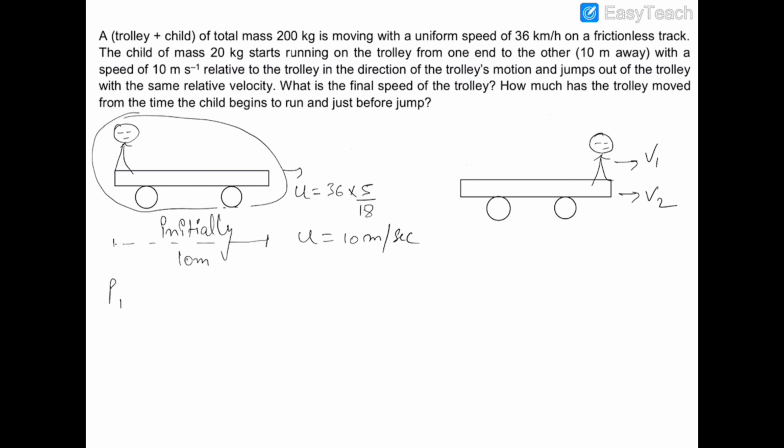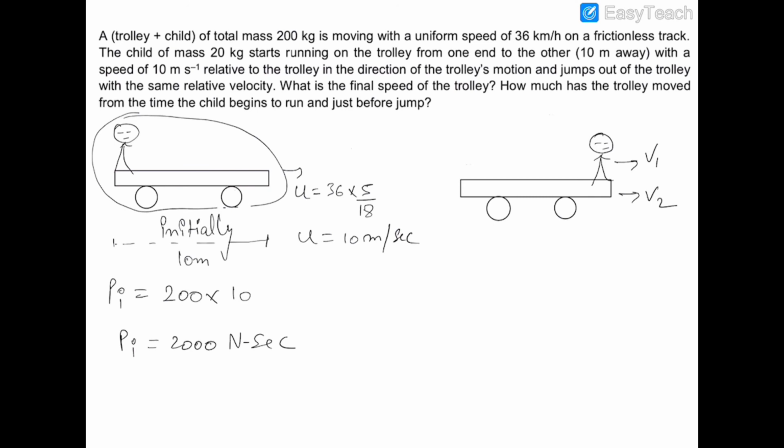So the initial momentum of this system is mv, and mass of the system is 200 and velocity is 10. So the initial momentum of the system is 2000 Newton seconds. Okay, and for the final momentum, I'm supposing that the velocity of the child with respect to ground is v1 and the velocity of the cart with respect to ground is v2 at the time when he jumped out of the trolley.